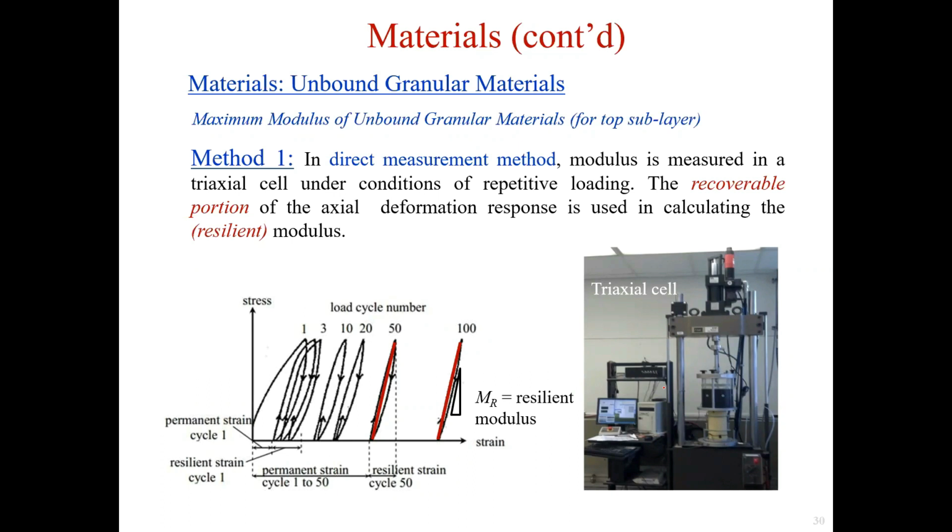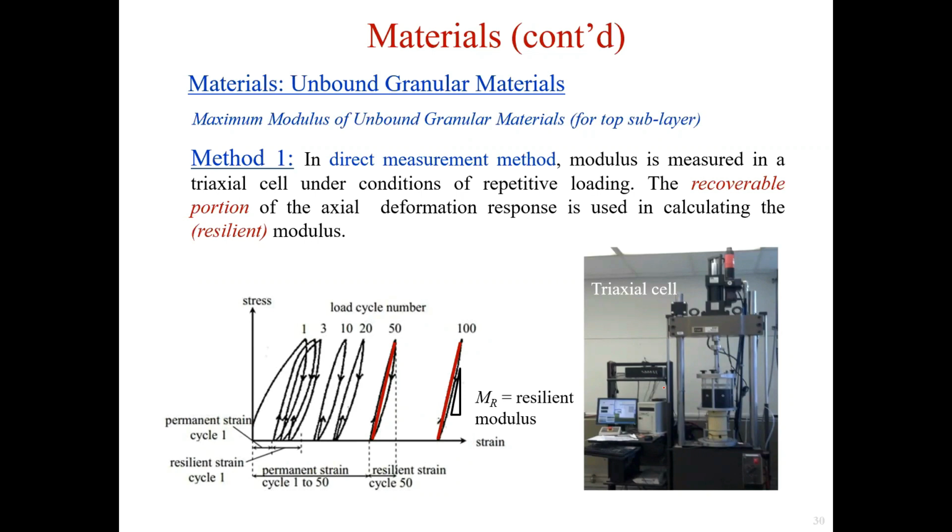Normally, the modulus of elasticity is the stress divided by strain for a slowly applied load. The resilient modulus is stress divided by strain for rapidly applied loads, like those experienced by pavement.